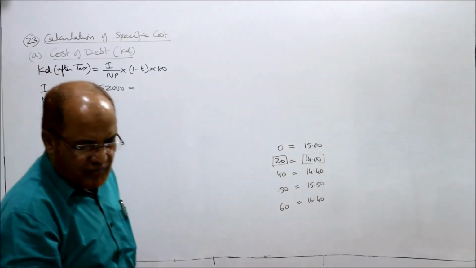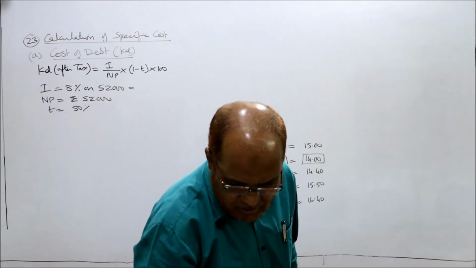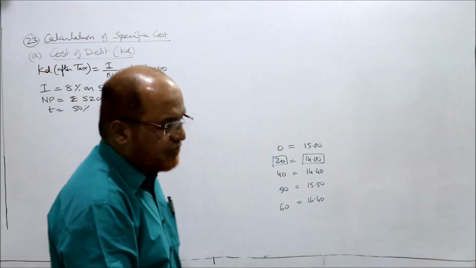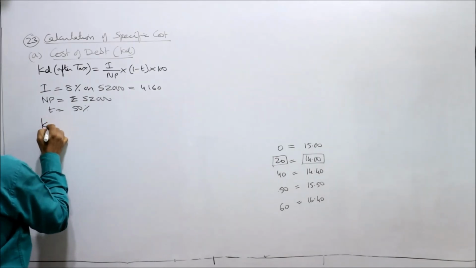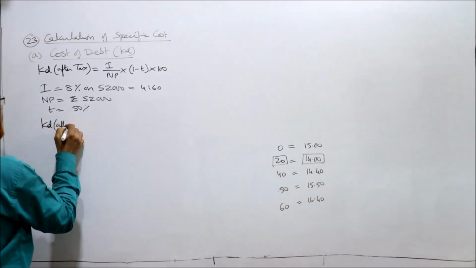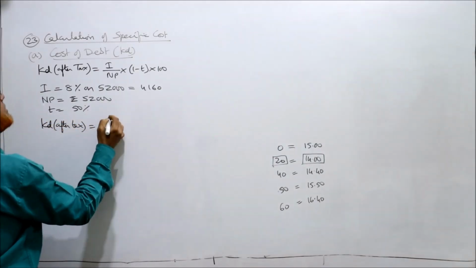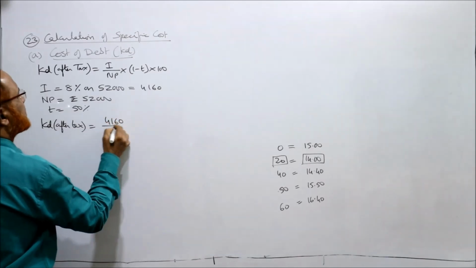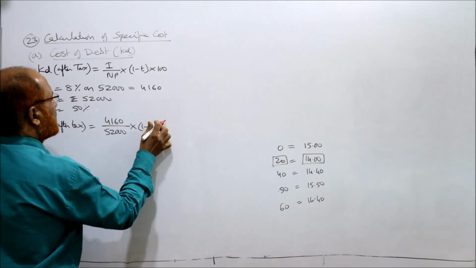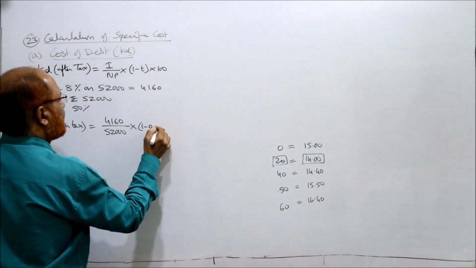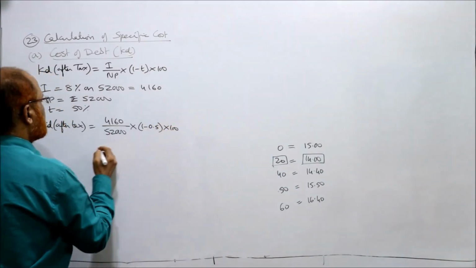So 8% of 52,000. 52,000 into 8%, 4,160. Now KD after tax is equal to 4,160 divided by 52,000 into 1 minus 0.5 into 100.